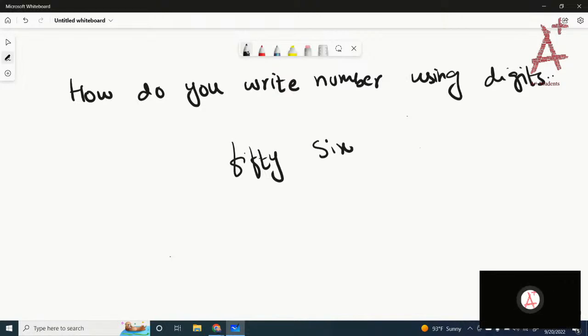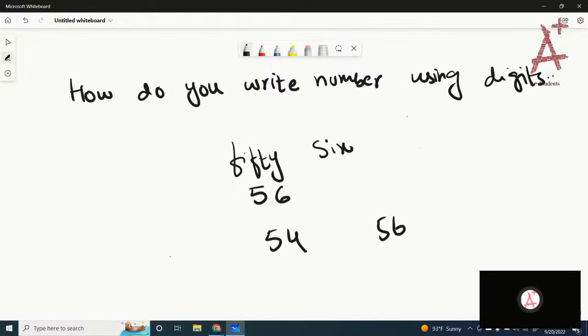You have two of the options given below. So which is the correct option? The first one or the second one? It's the second option. The digit that is at the tens place is 5 and the digit that is at the ones place is 6. So it is 56. It's the second option. Select the correct option. Move on to the next question.